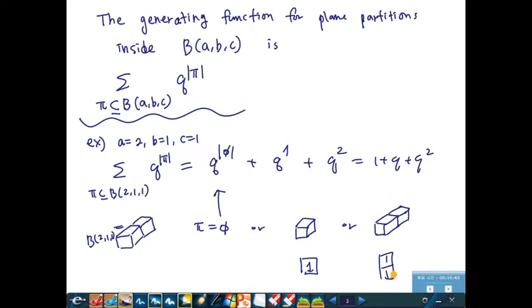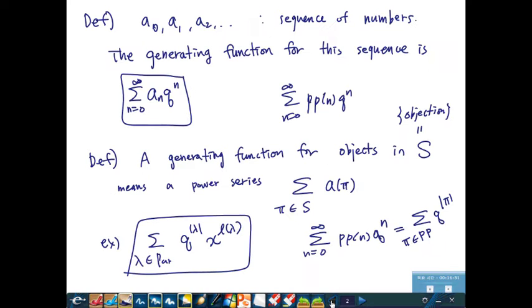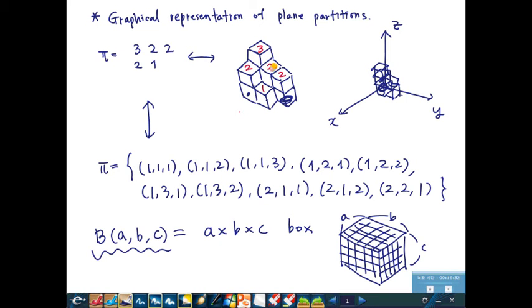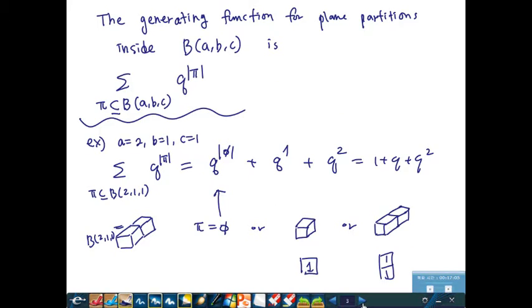Because we already expressed this as a stack of boxes, we don't need numbers anymore. When I wrote numbers here, it's only for helpful visualization. You don't need these numbers. Just a stack of boxes represents a plane partition. More questions?